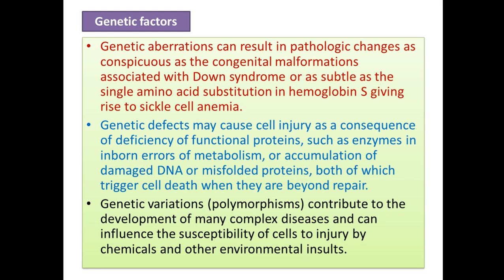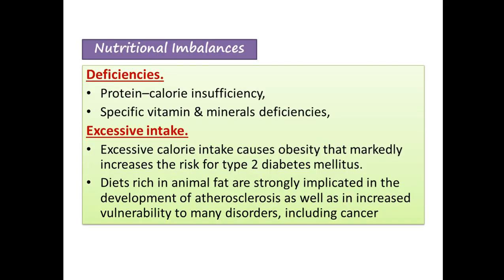This doesn't mean that each polymorphism will make a person diseased, but they have the property of making some persons very susceptible to various types of complex diseases. They also modify the susceptibility of the cells to injury by chemicals and other environmental insults. These genetic variations, polymorphisms, SNPs, and copy number variations, we will discuss in detail when we discuss genetic disorders.